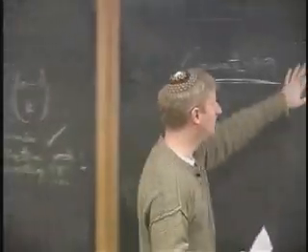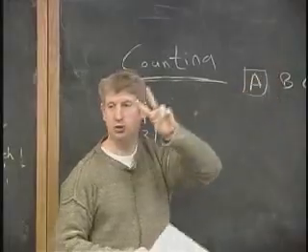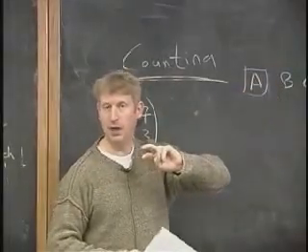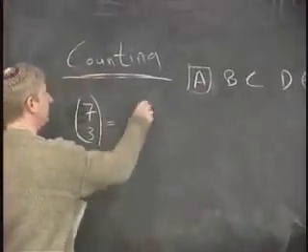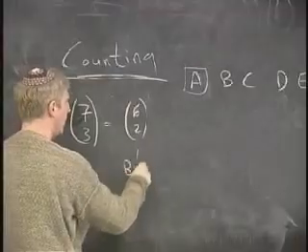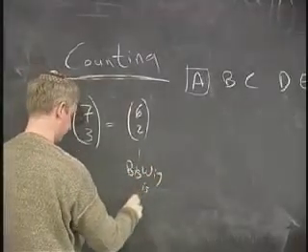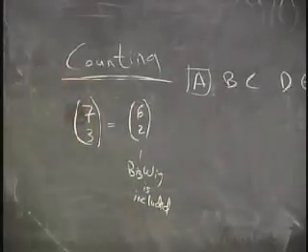How many committees include her? If I include her, then I can include just 2 more people. I include those 2 people from 6. This represents the big wig being included. But that's not all the possibilities.